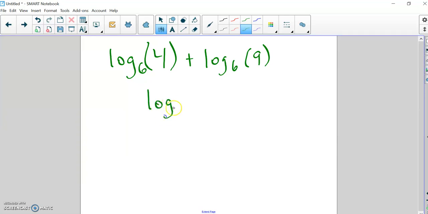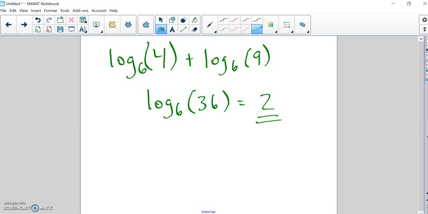However, if I turn this into log base 6 of 4 times 9, 4 times 9 is 36. And this is a lot easier because log base 6 of 36, 6 to what power is 36? The answer to that would be 2.